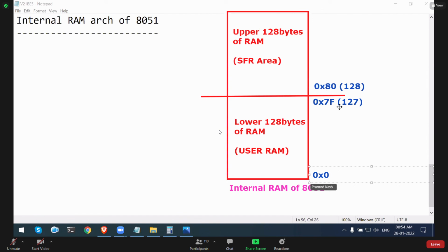So 0 to 127 is the user RAM, and 128 to 255 is your SFR area.